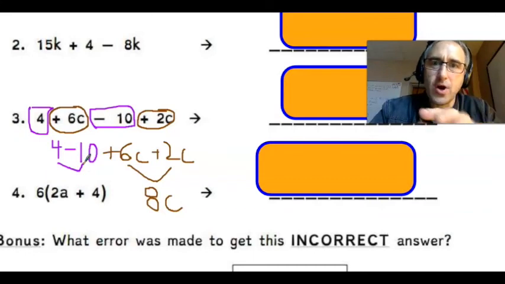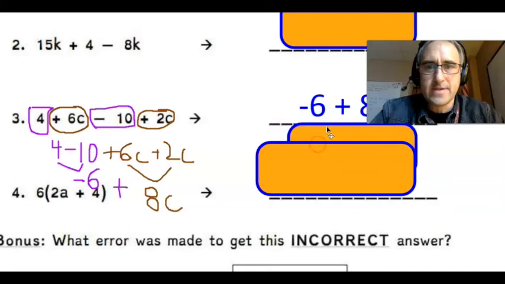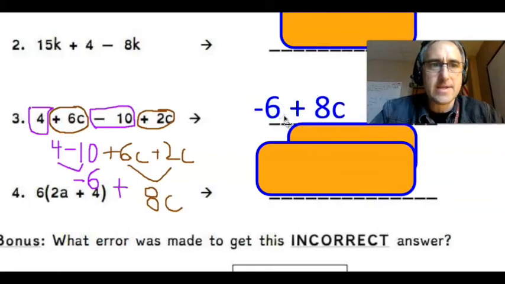We don't want to get this wrong. We want to do it correctly. Negative 6. Now, what do I put between the negative 6 and the positive 8c? Well, that all depends if 8's positive or negative. If 8's positive, it's a plus, and I believe it is. Let's check our answer. Negative 6 plus 8c.